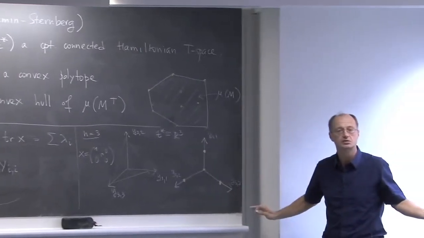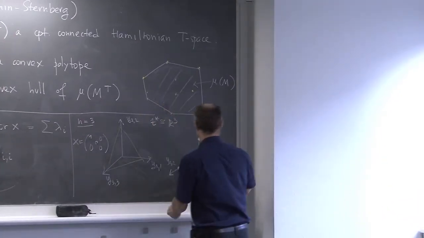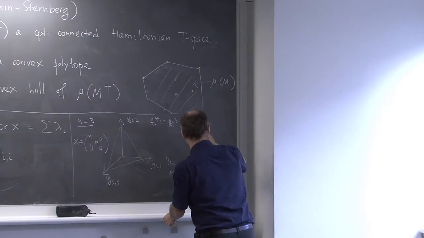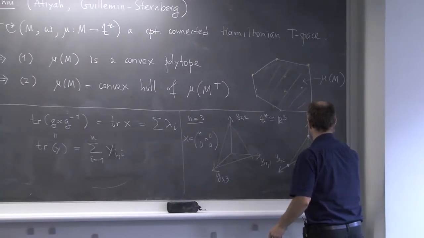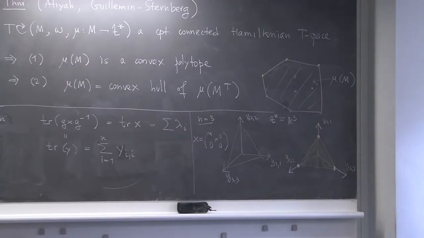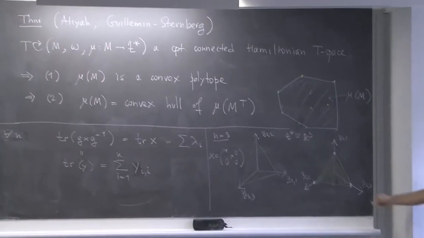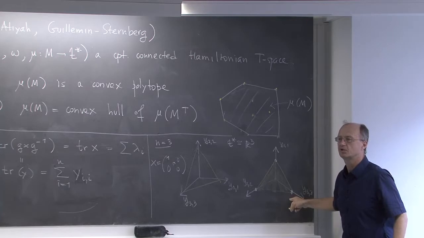And that's all, right? So there are no others, so there are 3 images here. So this means that the image of the corresponding conjugacy class will be a triangle. Right? So this is the image of MT, and that's the image of M.